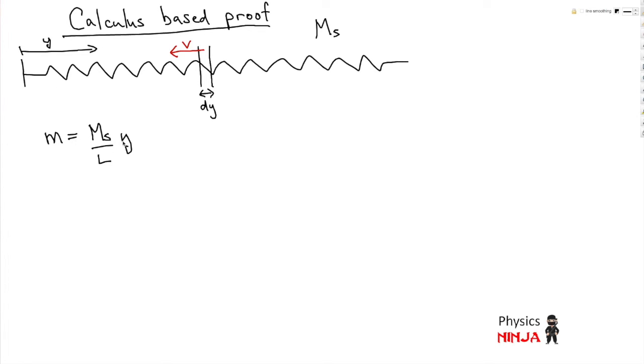So notice when y equals the length of the spring L, I get the total mass of the spring ms. Okay. If you differentiate this, dm over dy is going to be a constant. All right, this spring has a constant linear density, which equals the mass of the spring divided by the total length of the spring.